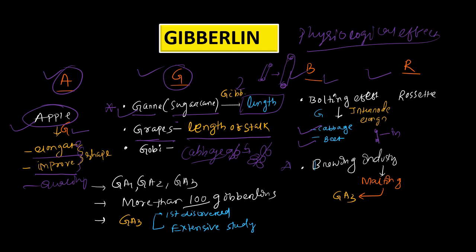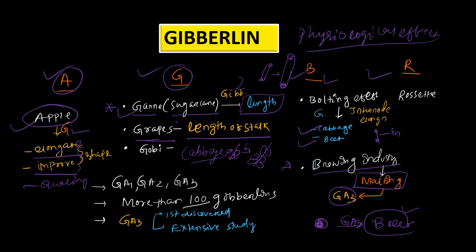Another is the brewing industry, known as malting, with GA3. If this is wheat, applying gibberellin GA3 helps in beer formation in the beer industry.